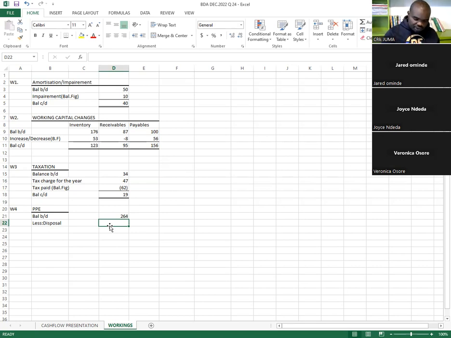Therefore, when disposing off, you also dispose off net book value, not cost. So upon disposal, you subtract the net book value, which is 28. Then you also less depreciation.